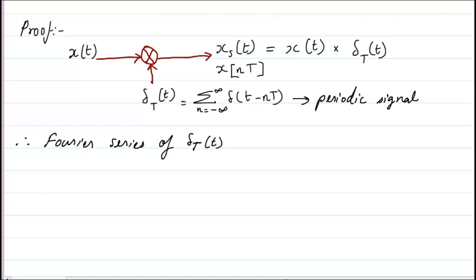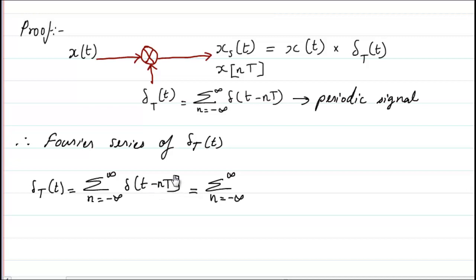And remember from the Fourier series that we have studied, that the signal delta_T(t), which is the summation n equal to minus infinity to infinity of delta(t minus nT), can be represented in Fourier series as the summation n equal to minus infinity to infinity of C_n e raised to power j n omega_s t.